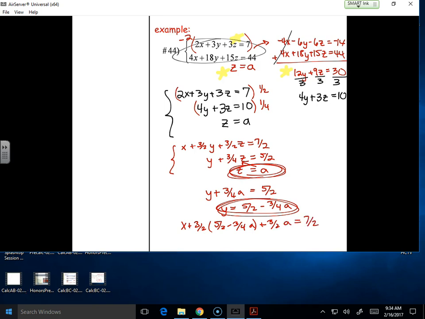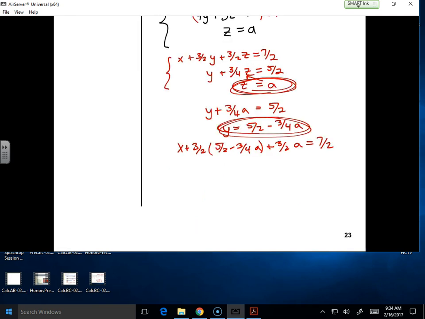Had to plug in both our z and our y. Not impossible, but messy. We end up with x plus 15/4 minus 9/8 a plus 3/2 a equals 7/2.